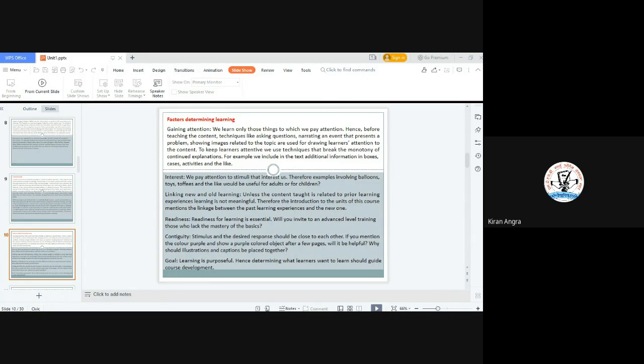So instructional design is really the process of designing instruction. But sometimes we take instructional design as teaching, that is, how the instructions are being designed.